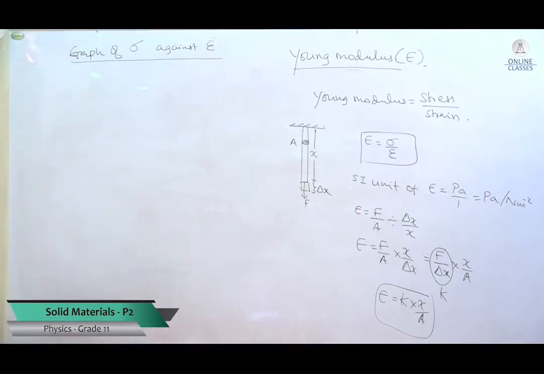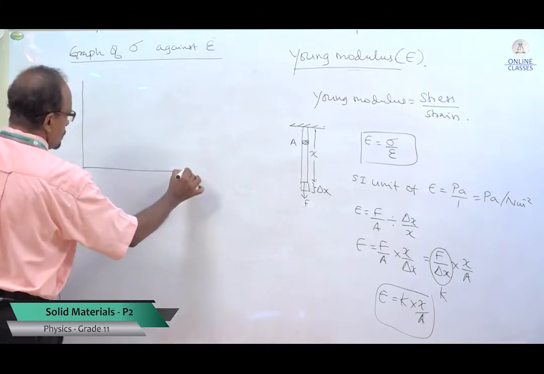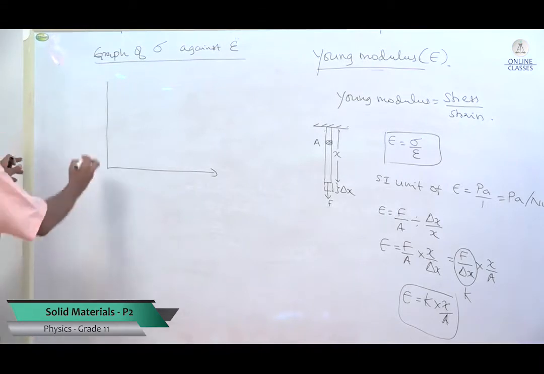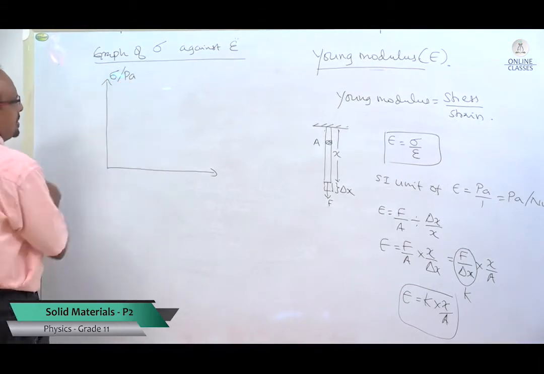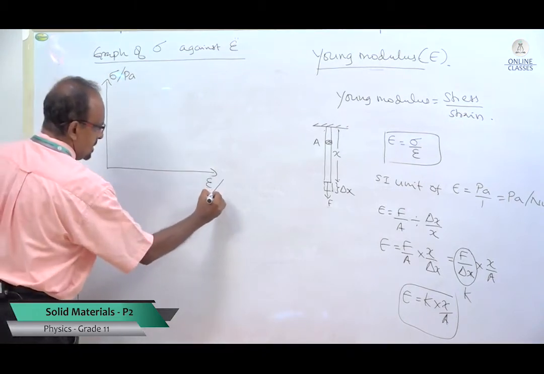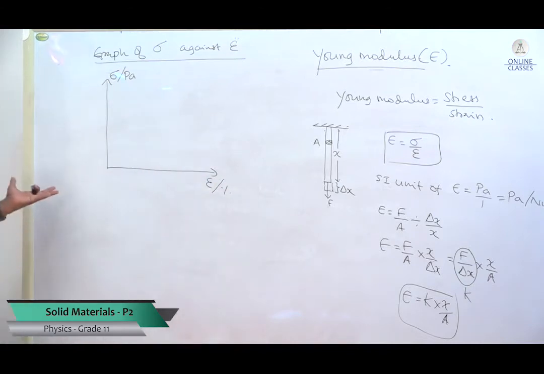Now the graph of stress against strain. We drew the graph of force against extension the previous day. I am going to draw stress against strain. The stress unit we can write as Pascal or Newton per meter squared. Strain we can give as a percentage or just with no units.